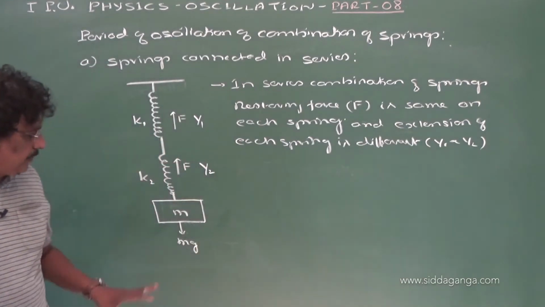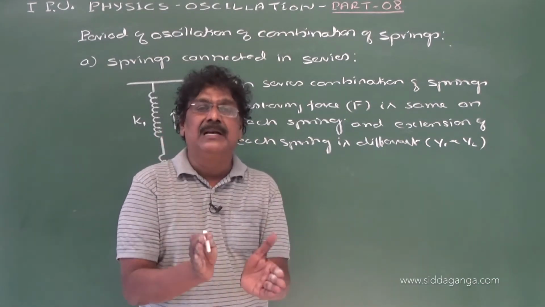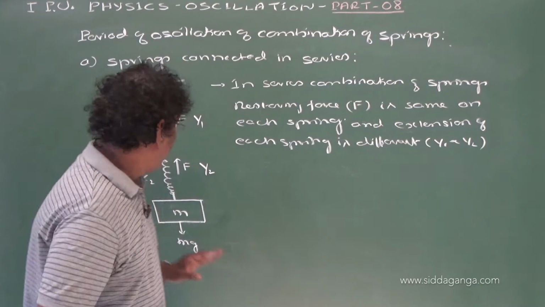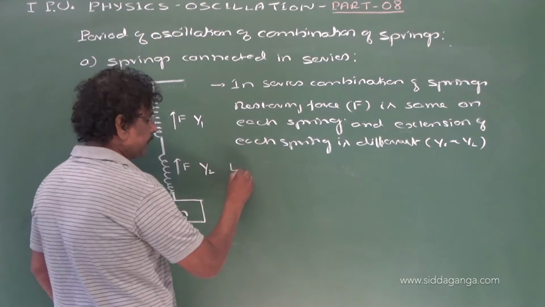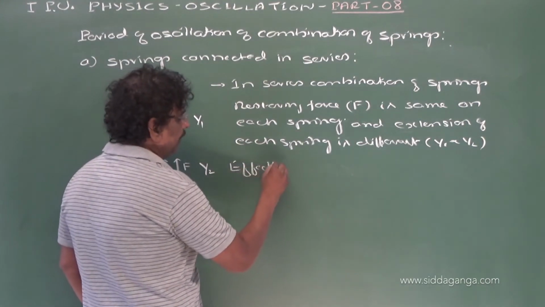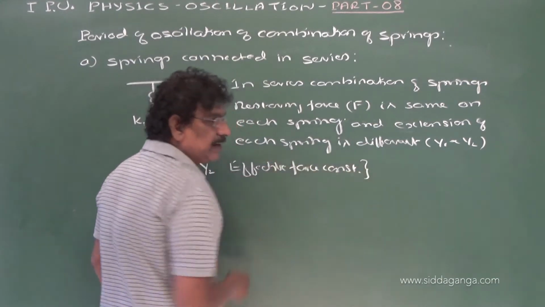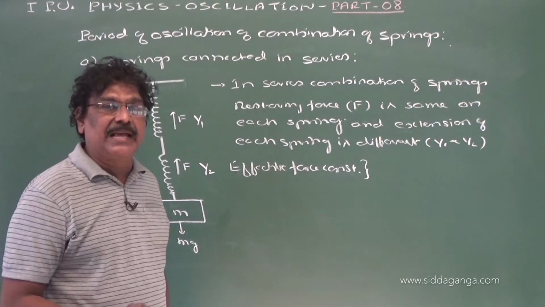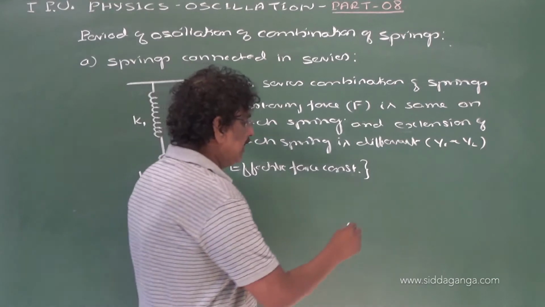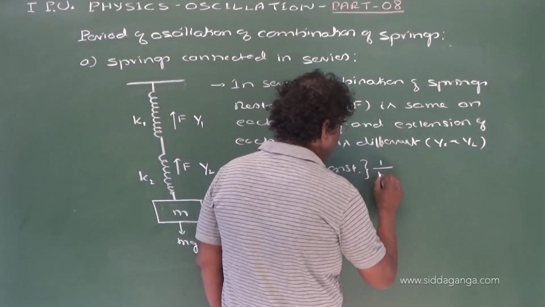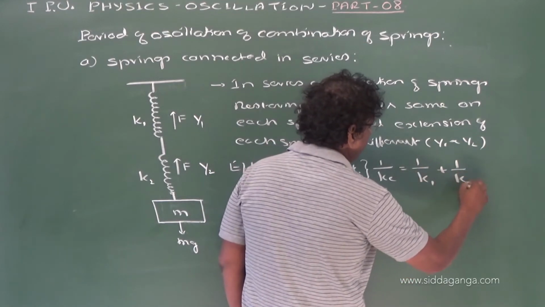Again the mass is the same, there is no change in mass, only one mass m is suspended, but we have to take the effective value of the force constant. I will call it Ke, sometimes we can take Ks indicating it is a series combination, and that comes out to be 1 by Ke is equal to 1 by K1 plus 1 by K2.